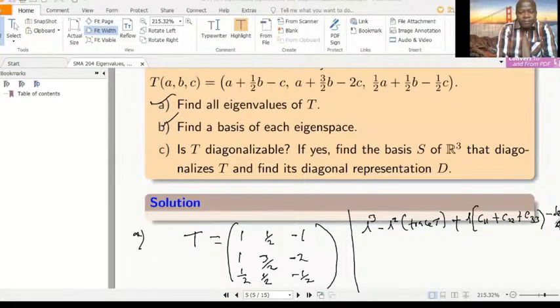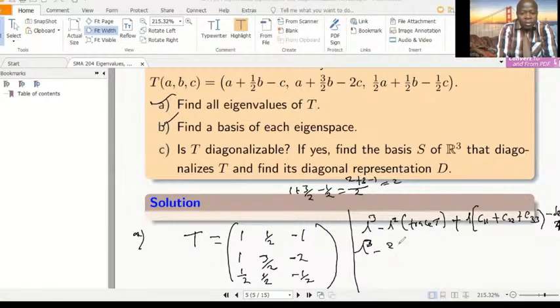Now, this is lambda cubed minus the trace here. We just add 1 plus 1 plus 3 over 2 minus a half. Of course, the LCM there is 2, and this will be 2 plus 3 minus 1, which is 2.